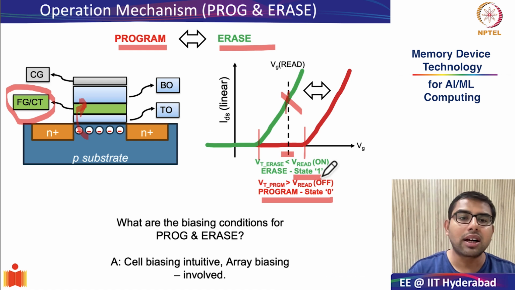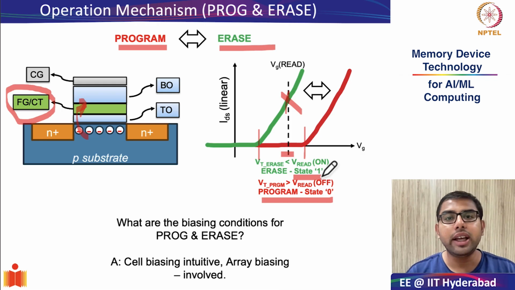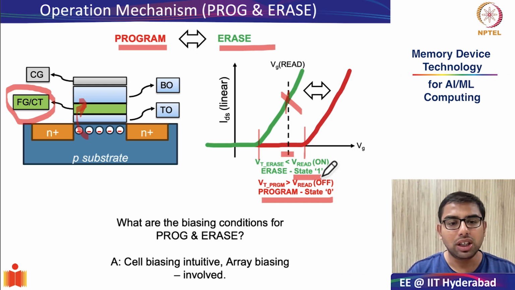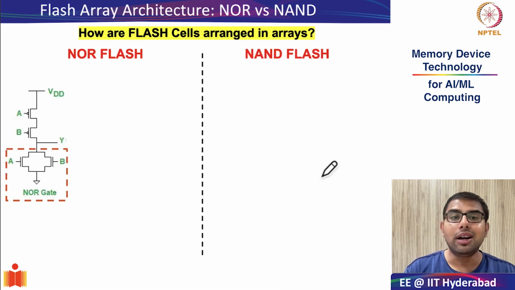We also saw that it might be easier at this stage to cover the biasing mechanisms for both program and erase operation. However, if we have a clearer understanding of the array level architecture used in flash technology, it might be more valuable to see how program and erase is facilitated at the array level. So let us begin by asking the question: how are these flash cells arranged in arrays?